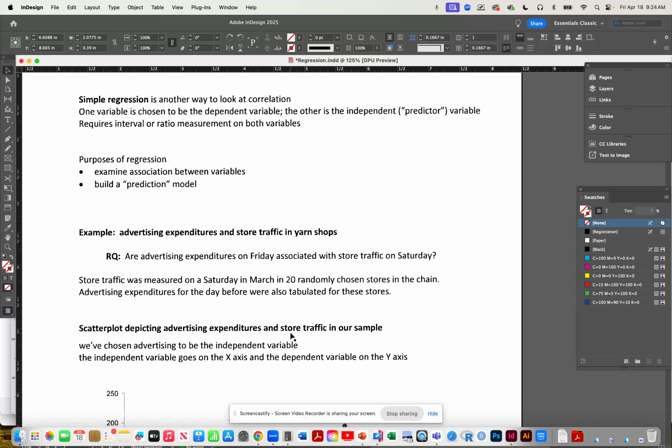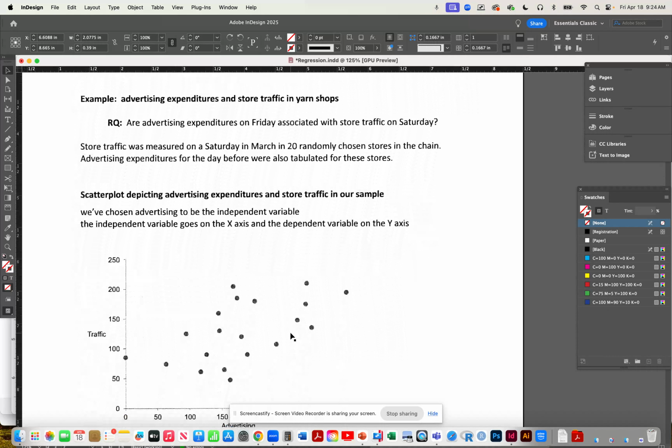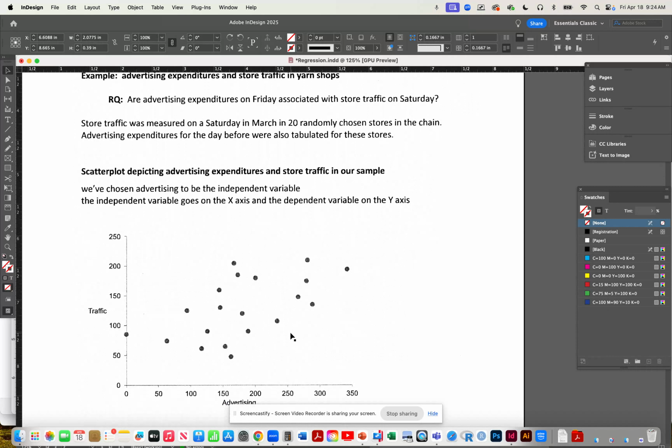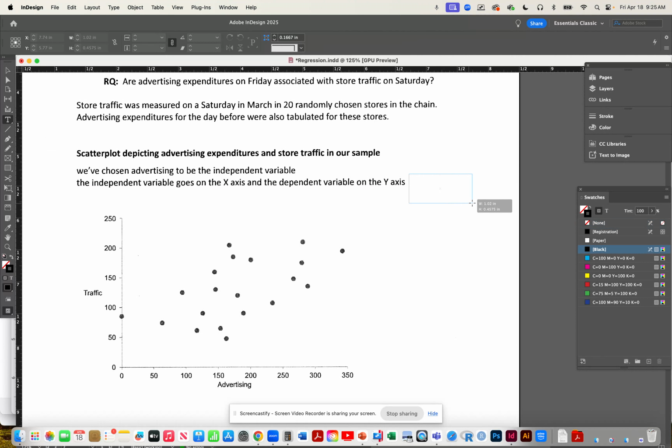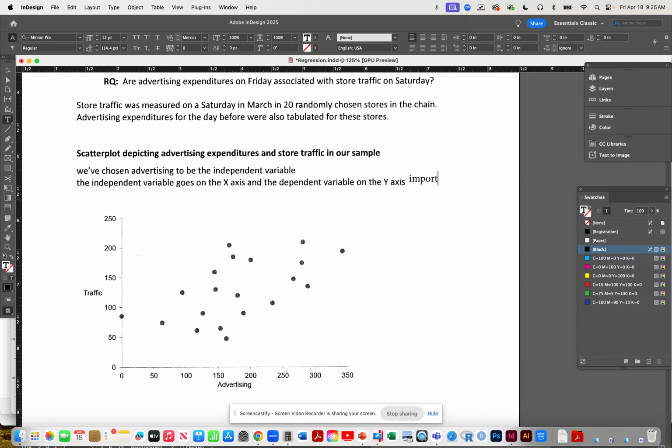Based on that data, we put it in a scatter plot. Each dot you see there represents one of the 20 stores. For example, this dot right here, they spent around 290, let's say, in advertising, and that resulted in around 145 in traffic, something like that. So each dot there represents a store. And this is really important, and let me type that here: important!